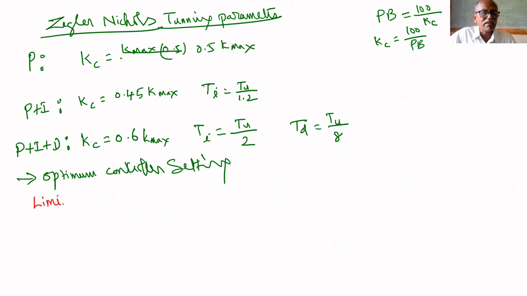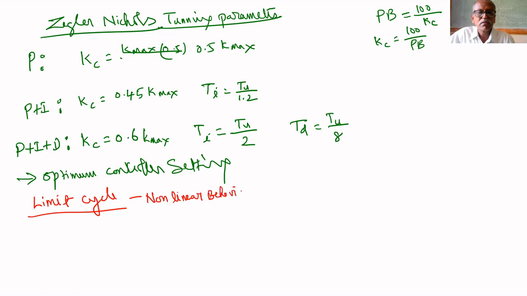This is not in theory, I didn't tell. This is called a limit cycle. A limit cycle is a nonlinear behavior. If the valve could open more than 100%, it would open and there would be no limit cycle.